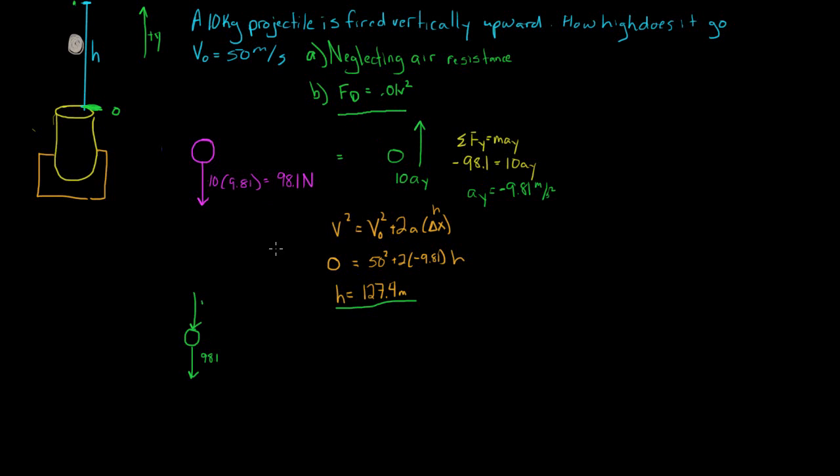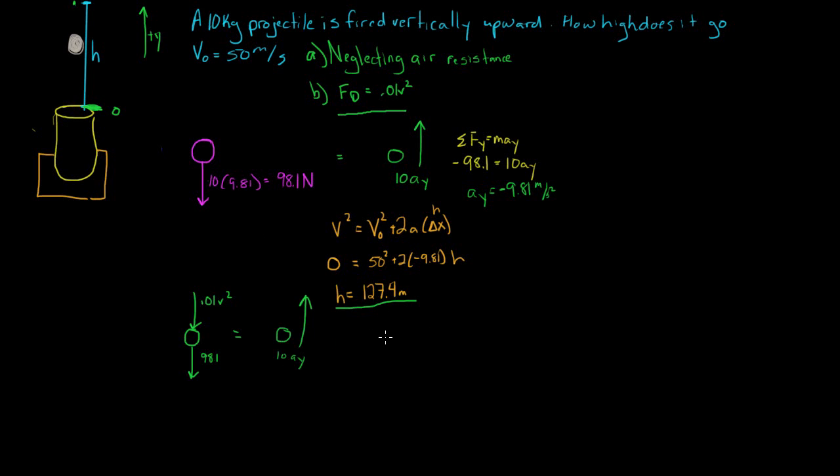We've been given that the function for air resistance that we're going to use is 0.01 v squared. And this is equal to our kinetic diagram, which is going to have a mass 10 times an acceleration a y, and we're going to assume it's a positive acceleration. And then we are going to sum our forces in the y direction again.